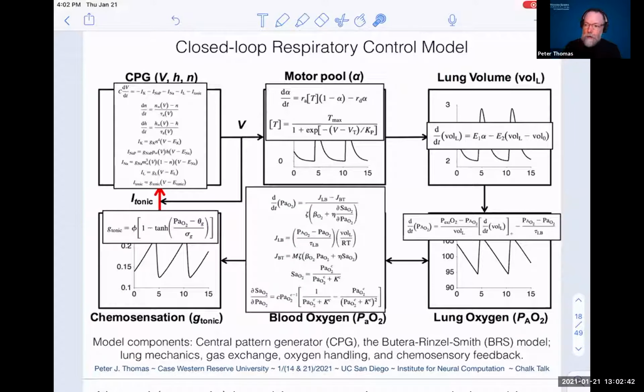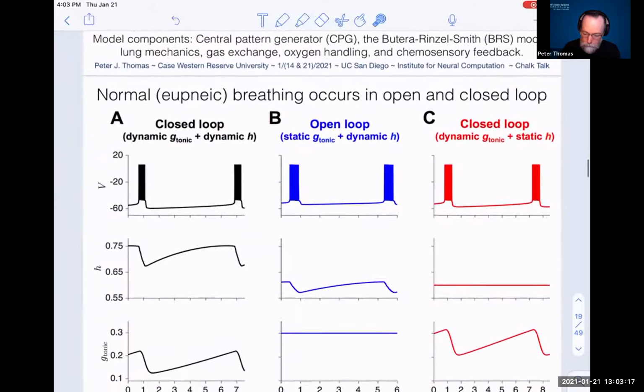The reason I point that out is that if there's time, I can tell you a little bit about our preliminary results on modeling the effects of COVID on the system as seen through this model. The question is how you could be sustaining a low level of blood oxygen and not realize it. What parameters would you have to change within the model so that it mimicked what's observed in these silent hypoxemia patients? Anyway, that's something we're working on right now.